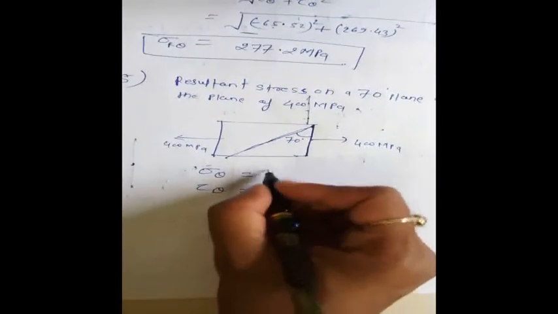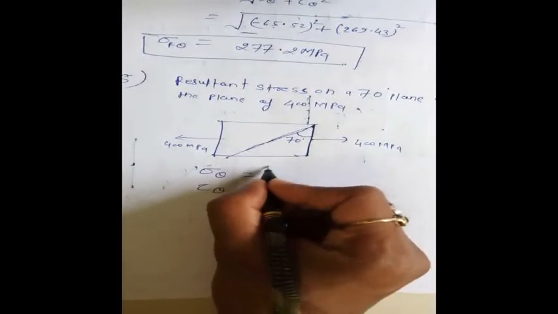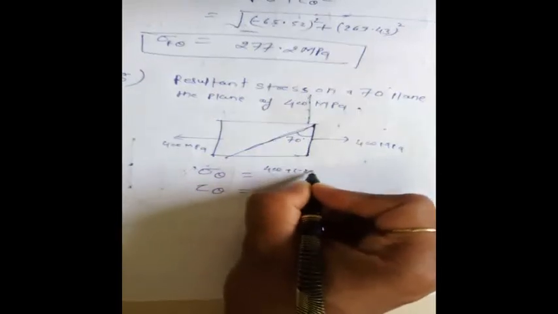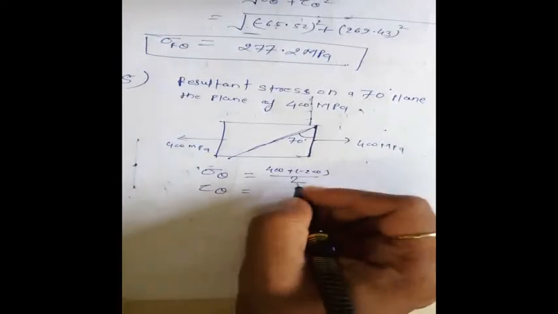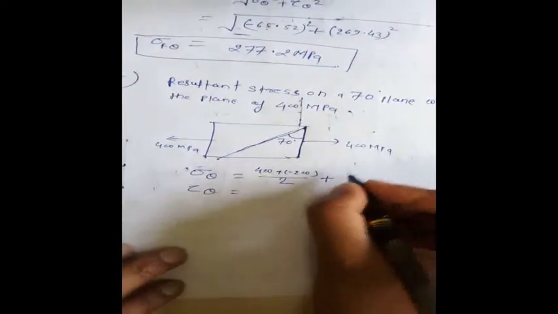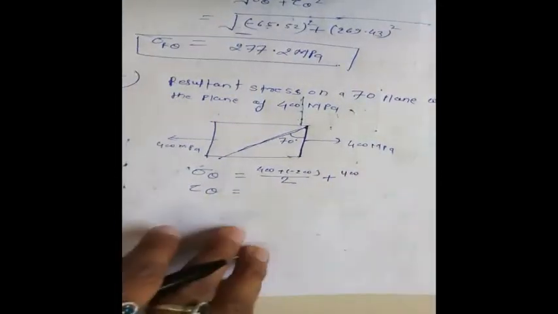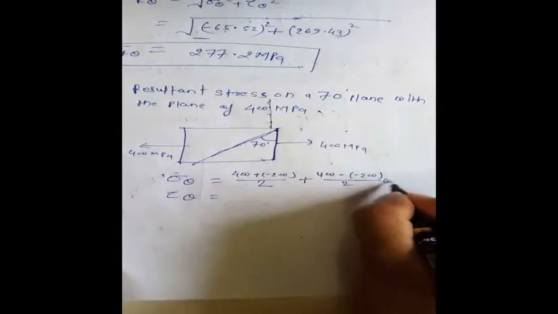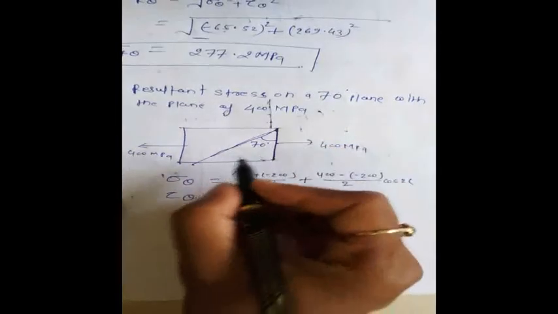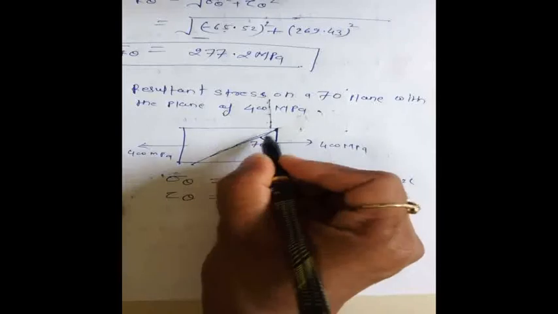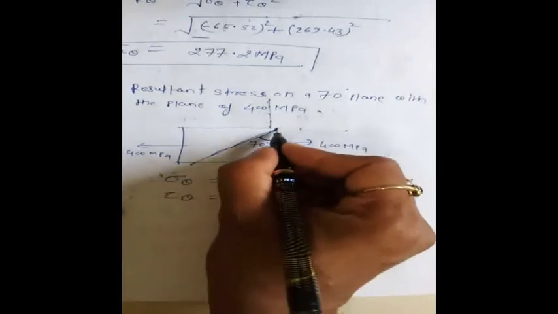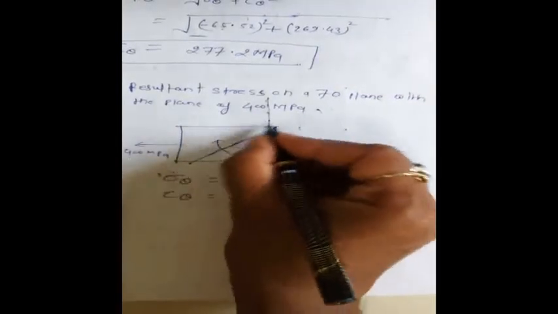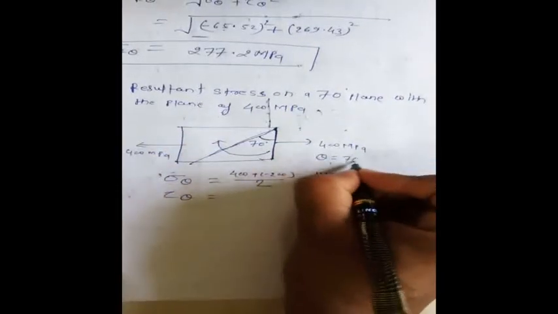We know the formula, so directly if you put the value, this is 400 plus minus 200 by 2 plus 400 minus 200 by 2 cos 2 theta. Since this 70 degree oblique plane is rotating from this vertical plane in the clockwise direction, here theta will take 70 degree positive.